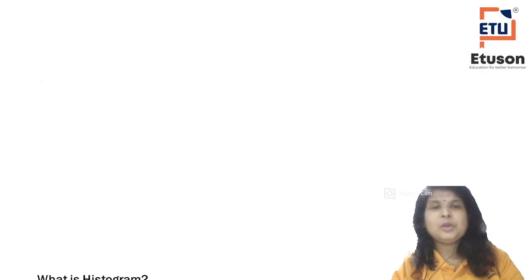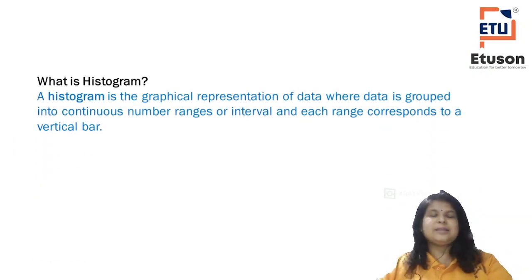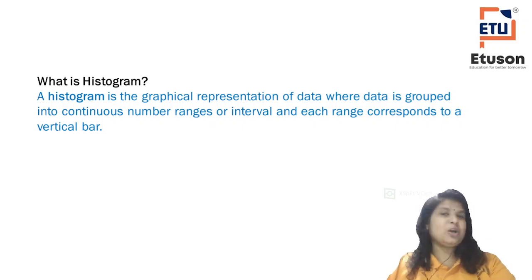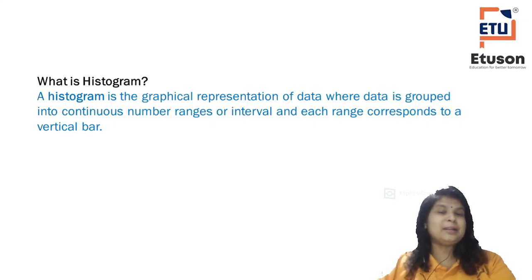So, what is histogram? A histogram is the graphical representation of data where data is grouped into continuous number of class intervals or ranges, and each range corresponds to a vertical bar. You remember while doing grouping data we have formed class intervals, right?